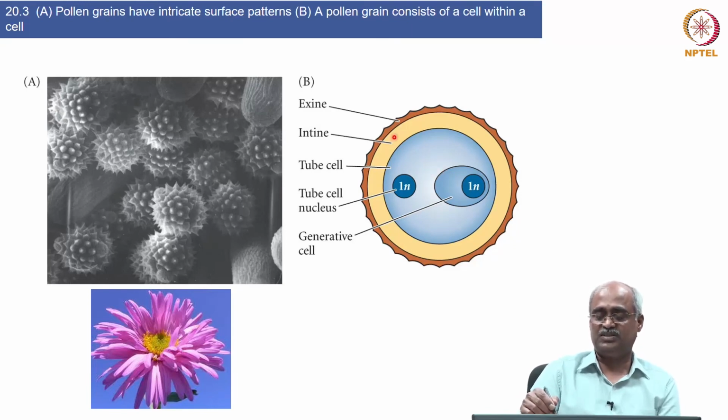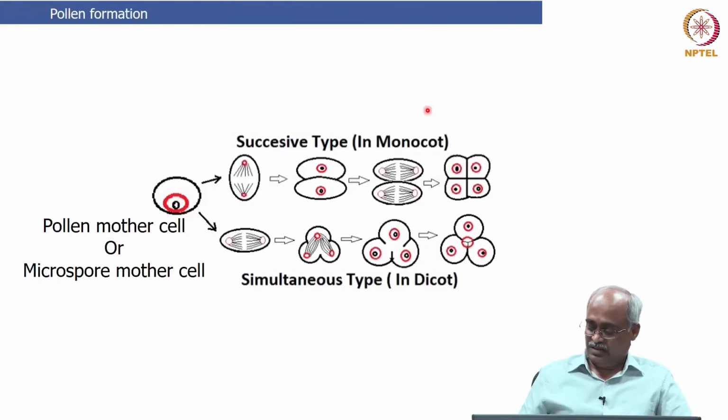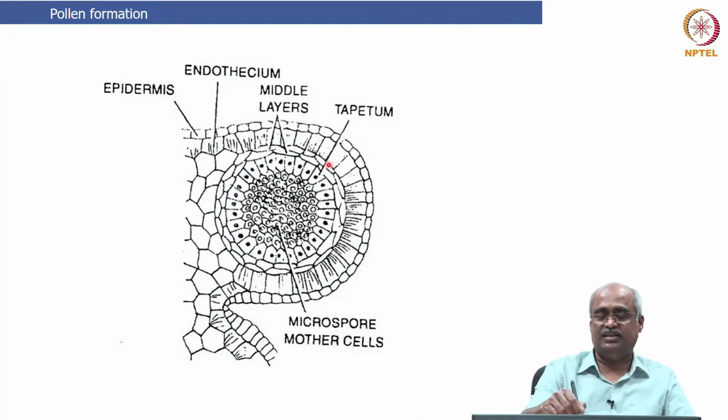So this produces the intine, whereas the outer surface called exine is produced by the sporophytic cells that were around, like what we saw in the previous structure, like these cells. So these are sporophytic cells from the diploid organism, they have the 2N nucleus, okay.